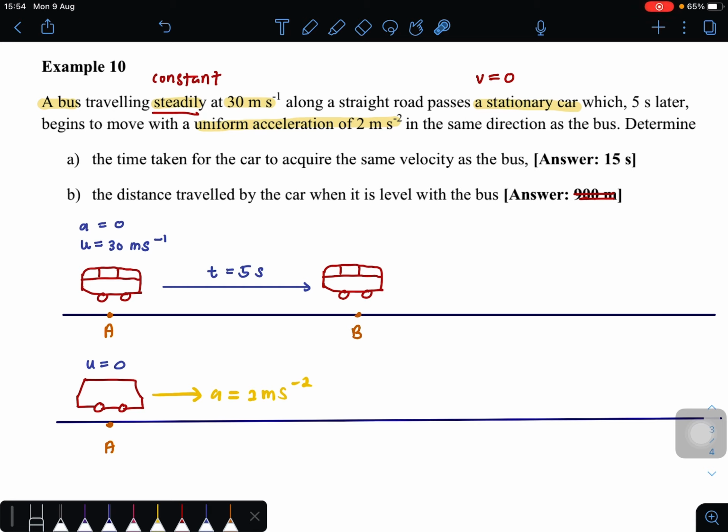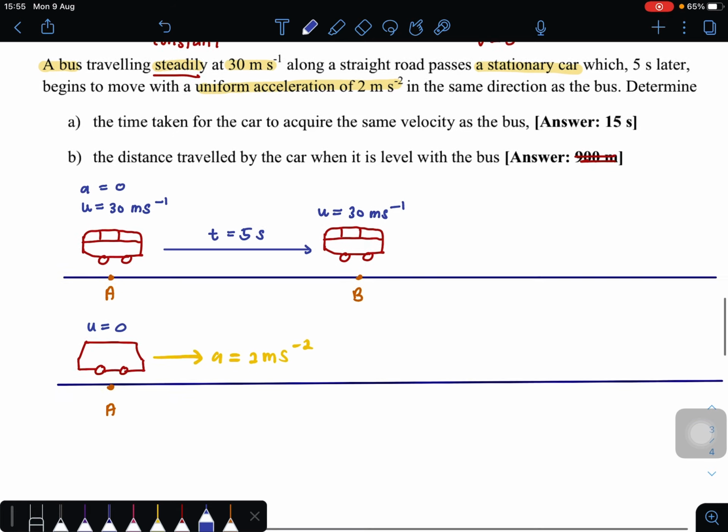Okay. So first question, determine the time taken for the car to acquire the same velocity as the bus. So bus ni apa velocity dia? Velocity dia adalah 30 meter per second. Sebab dia adalah steadily, so maksudnya dekat point ni velocity dia still sama, 30 meter per second.